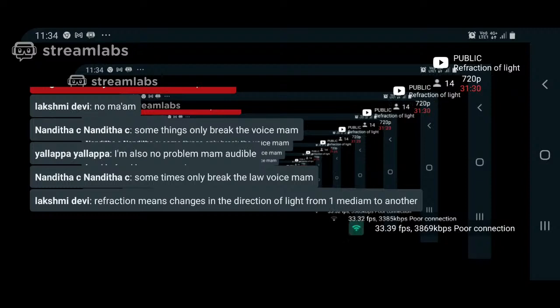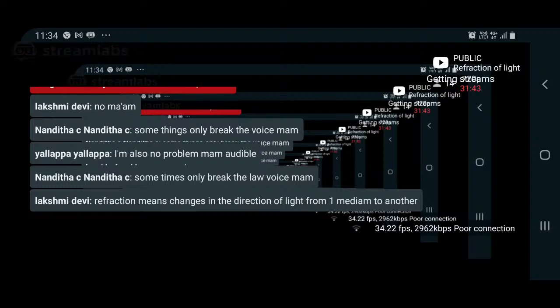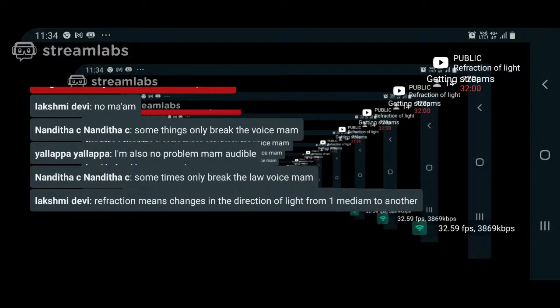Dikshita, the meaning is okay, but you should put it in a simple way. That is, when light travels from one medium to another medium, it bends. This is one definition. When light travels obliquely from one medium to another medium, it is called refraction of light. These are the two ways you can represent your answer.